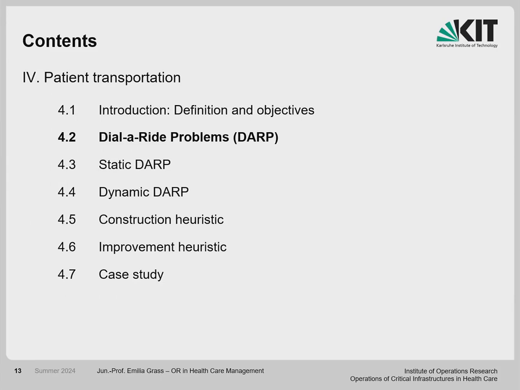Now we start with the formalization of the optimization model, with the dial-a-ride problem, DARP as an abbreviation. This involves the planning and optimization of vehicle routing and also schedule. So which vehicle at which location at which time. The customer, in our case the patient, specifies both the pickup and the drop-off or delivery location, and also the times.